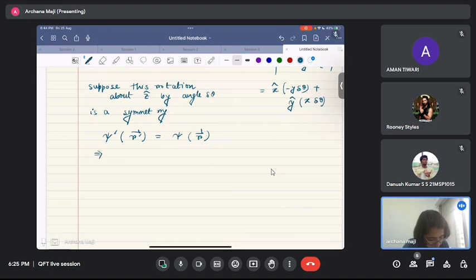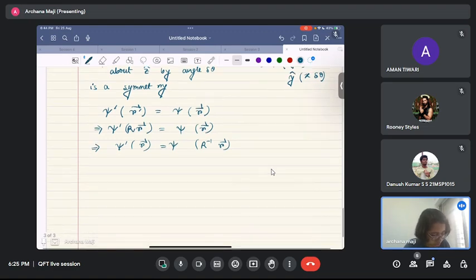And so this would imply that psi prime of r vector is psi of R inverse acting on that r vector.